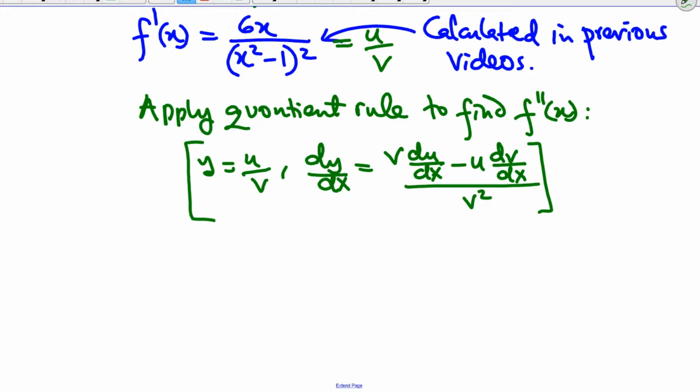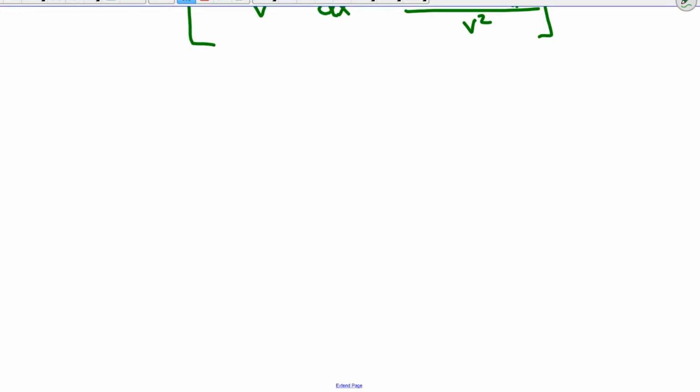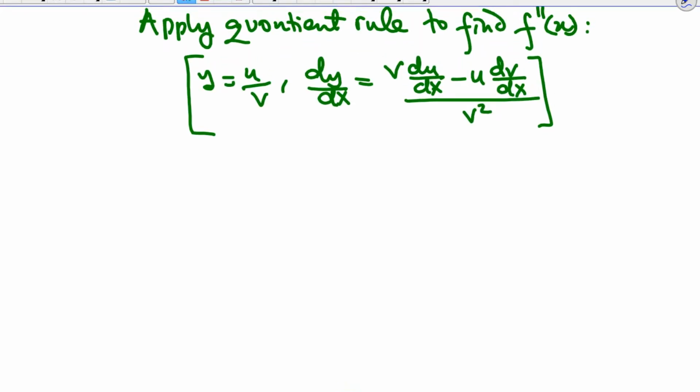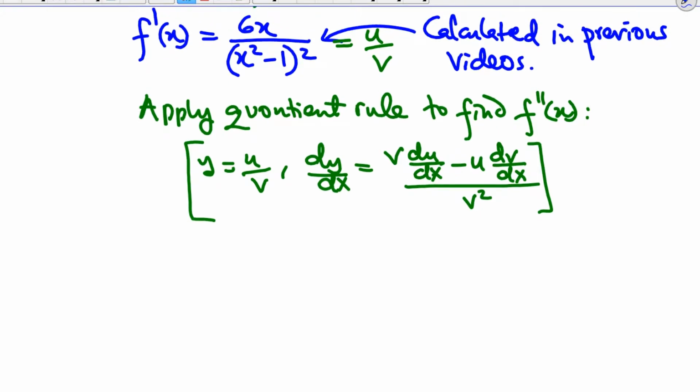So my next step is to find the second derivative. I just need to write it below here.